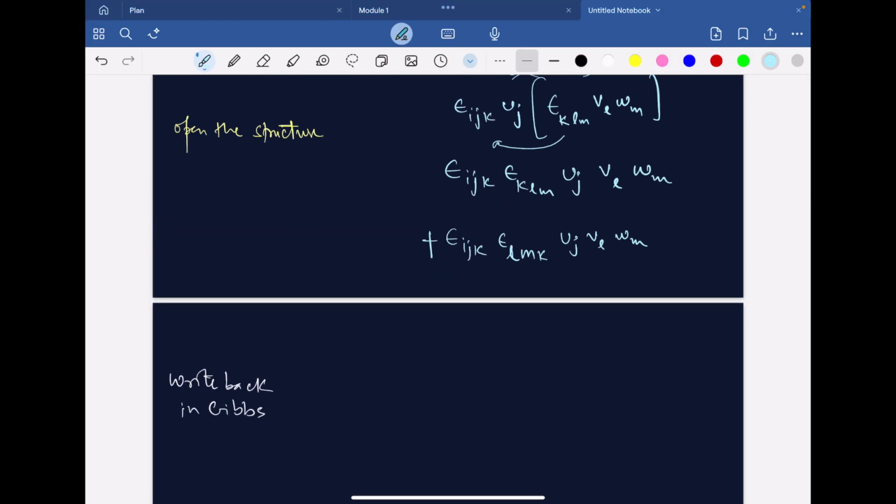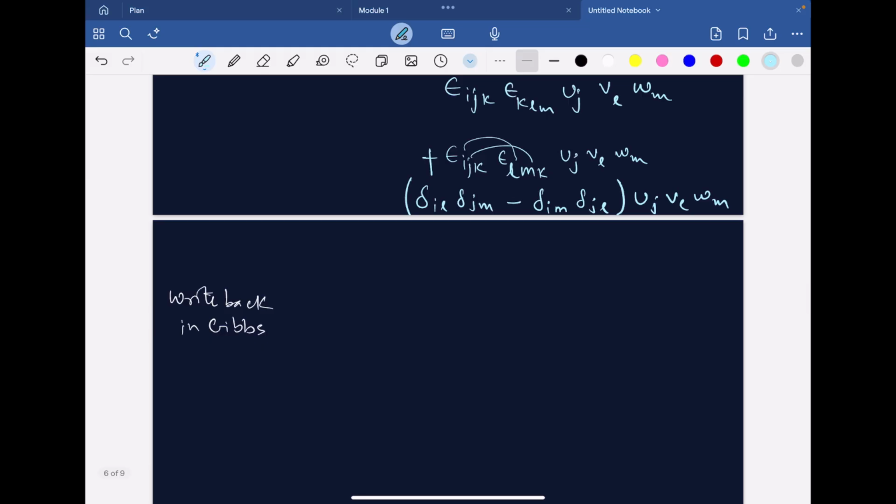So this would be delta il, delta jm, the first with first and second with second, minus the alternating ones, delta im, delta jl, in a bracket, and then you have u_j, v_l, w_m.